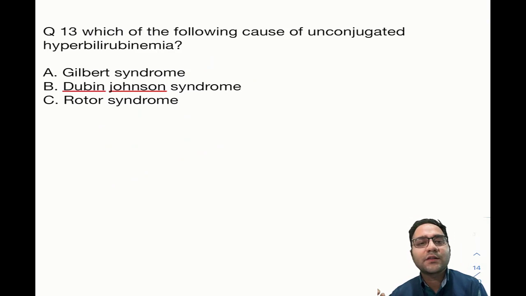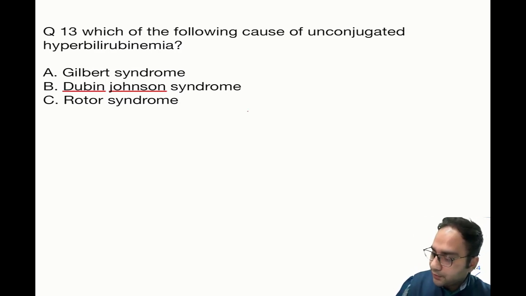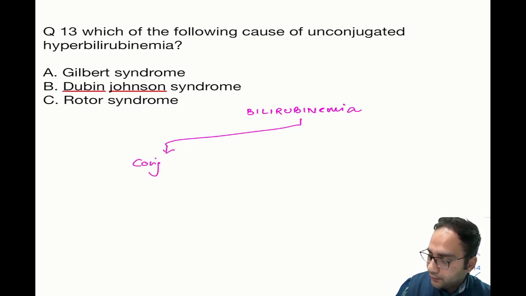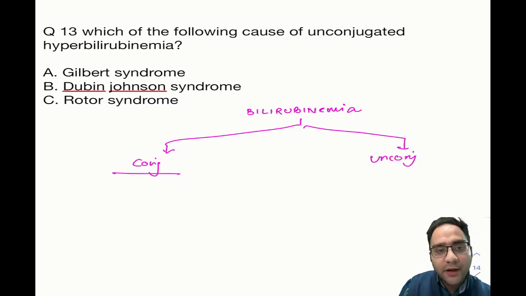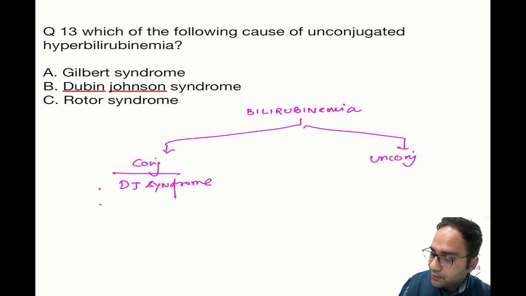Next question was asked about which of the following is the cause of unconjugated hyperbilirubinemia. Hyperbilirubinemia is basically conjugated and unconjugated. In conjugated, you have two syndromes: one is the Dubin-Johnson syndrome and the other is the Rotor syndrome.